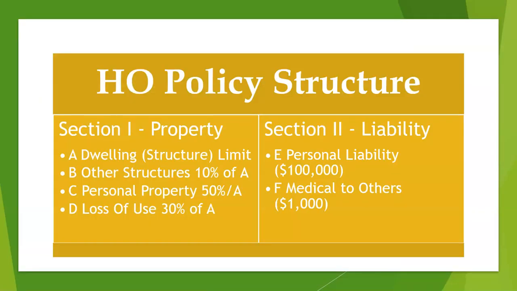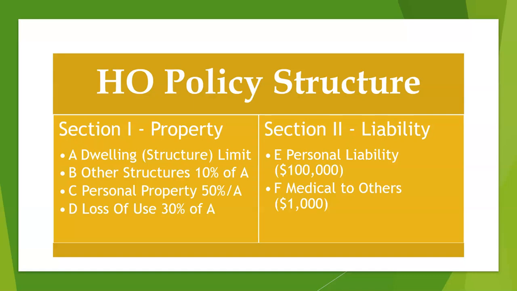So, HO policy structure: you have Section 1, your property coverages, and then Section 2, your liability coverages. In this video, we went over Section 1, your property coverages. Section 1 includes coverage A, which is your dwelling, your structure, your home. This will cover your home and anything that's attached to your home, such as a garage that is permanently attached to your home.